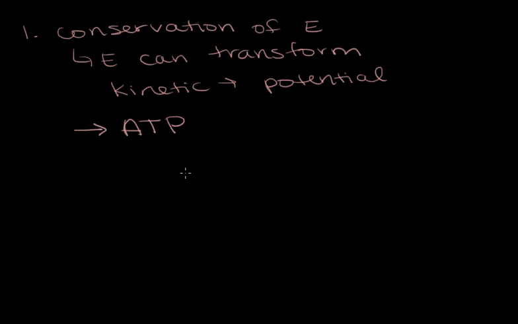If you remember the structure of ATP, it's got adenosine and 3 phosphates. Well, the hydrolysis of the last phosphate is extremely favorable. So we can couple this extremely favorable reaction to an extremely unfavorable reaction, and overall it can drive the process forward. So this is a huge theme throughout thermodynamics and biochemistry.